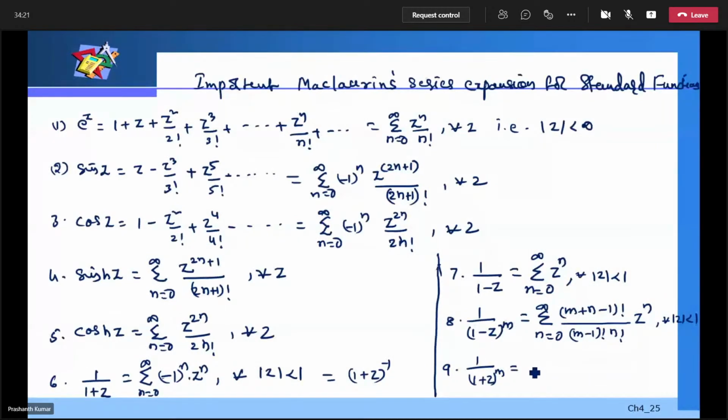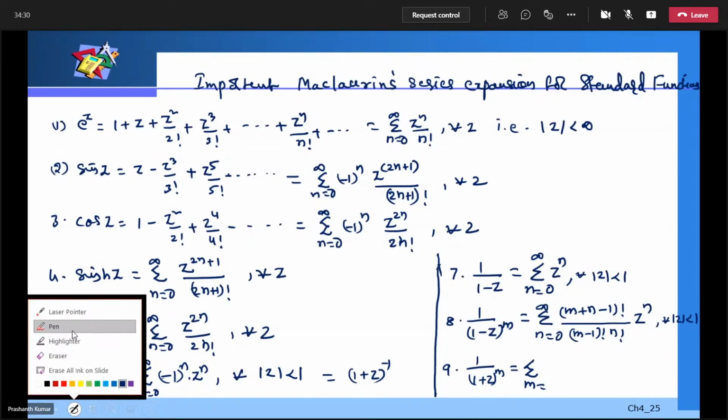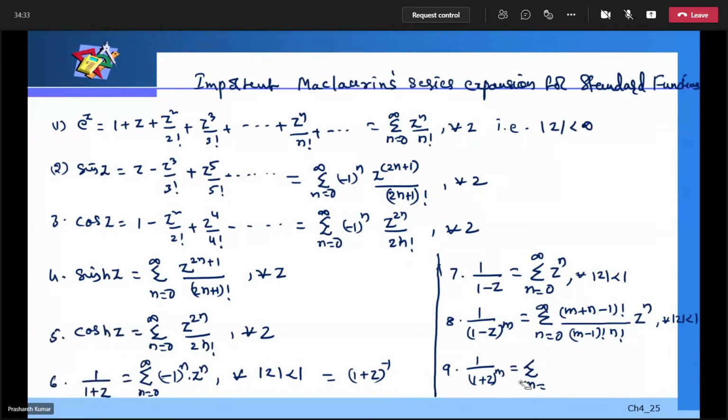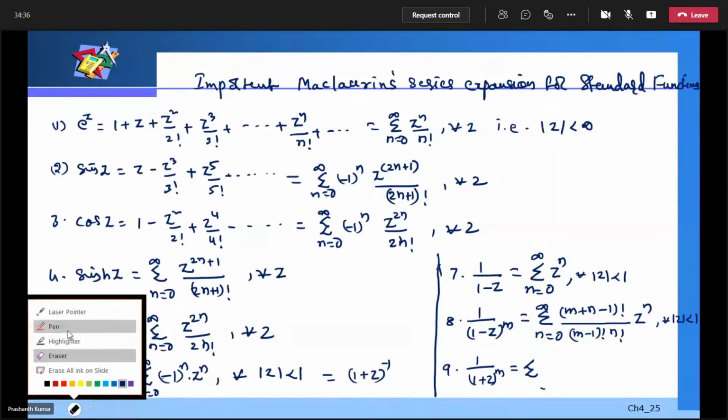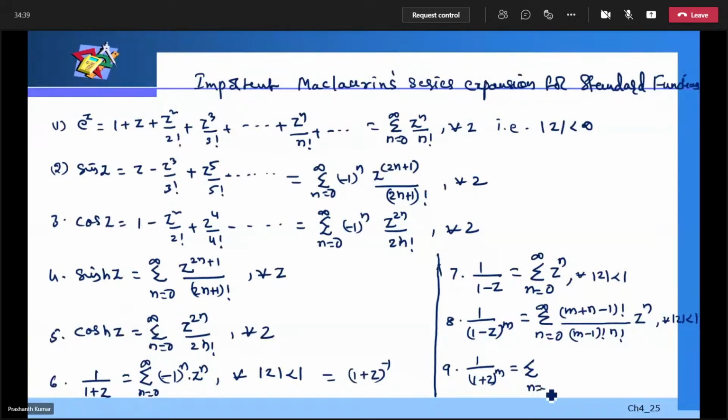This is equal to sigma, n runs from 0 to infinity, minus m n mCn combinations z to the power of n.